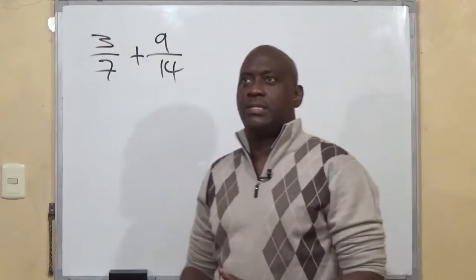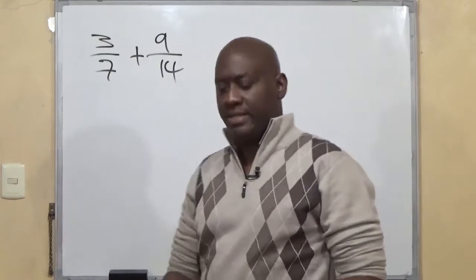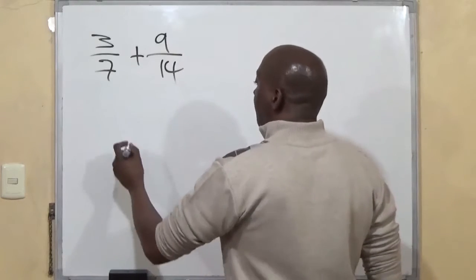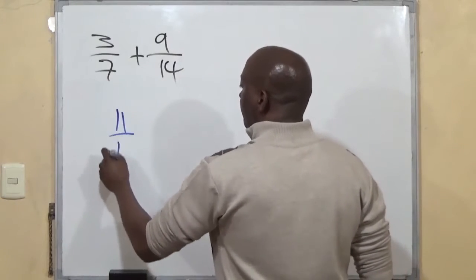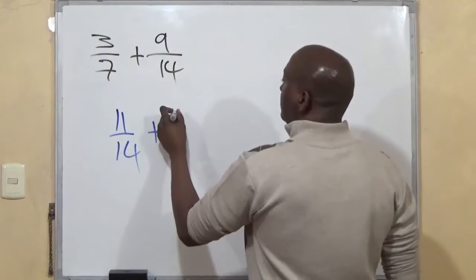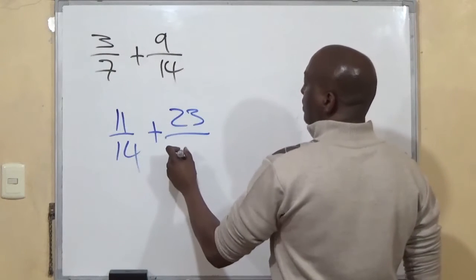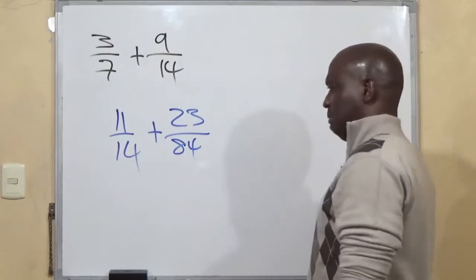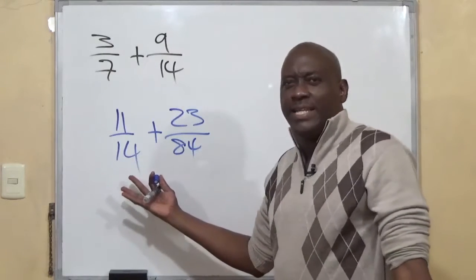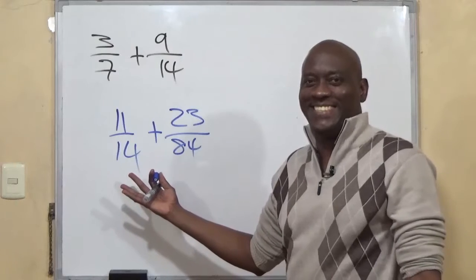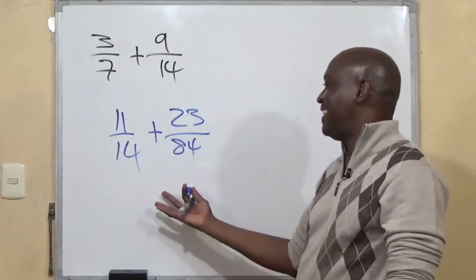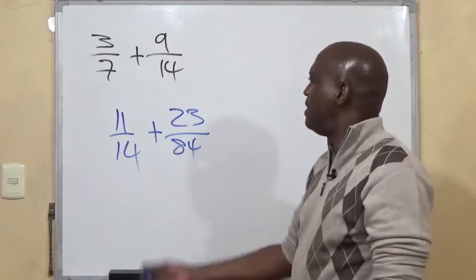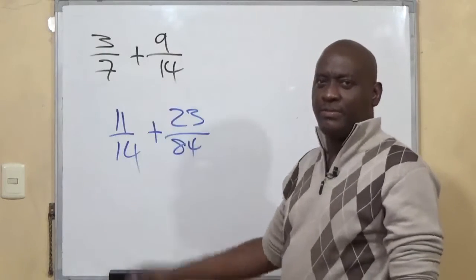It is not usually going to be the case where you'll get something like 11 over 14 plus 23 over 84. You wouldn't usually guess something like this. You could, but you understand what I'm saying, right? Simple number, 7 by 2, you know, is 14.